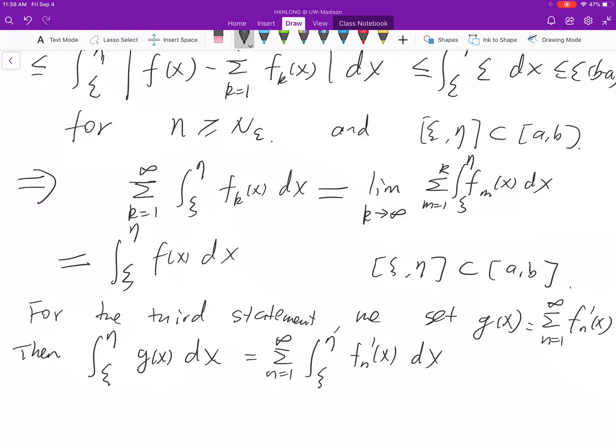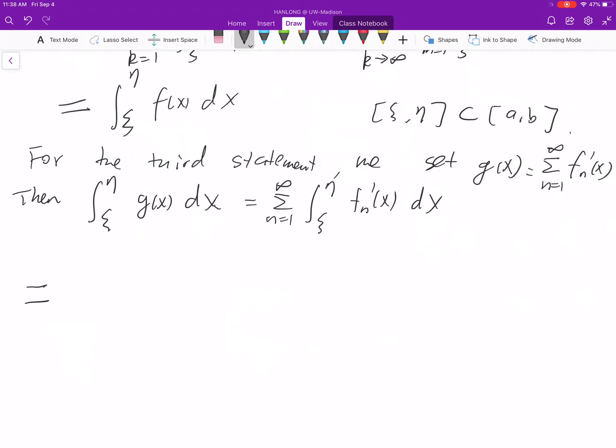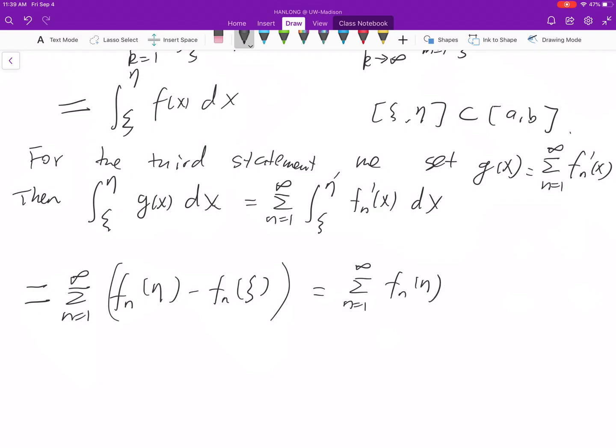And then for each one, we apply the Newton-Leibniz rule. We get this is the summation from 1 to infinity of fn(η) minus fn(ξ). Okay, then you have this is the summation of fn(η) minus the summation of fn(ξ), for ξ, η contained in AB.